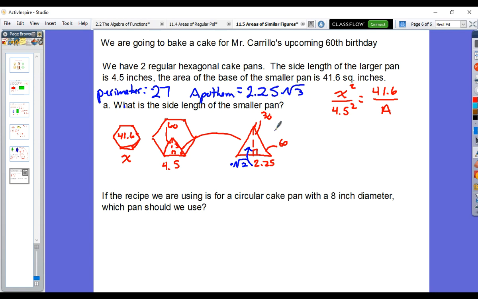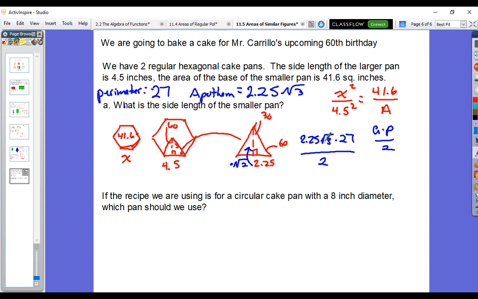Now, as the formula goes, apothem times perimeter divided by 2. So we do apothem, 2.25 radical 3, times perimeter, 27, over 2. If you have a calculator, you can literally plug it in like that. I'm going to do 2.25 times square root 3, times 27, get a number and then divide that by 2.